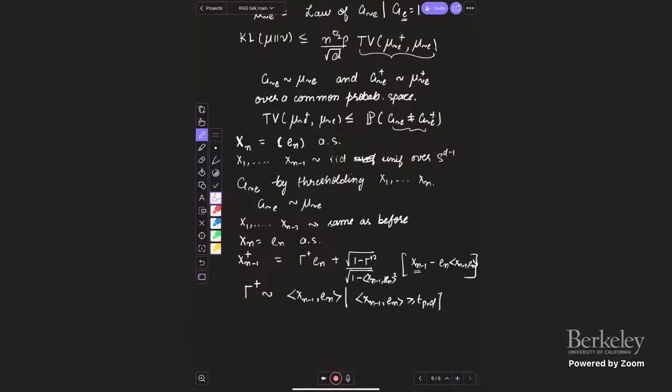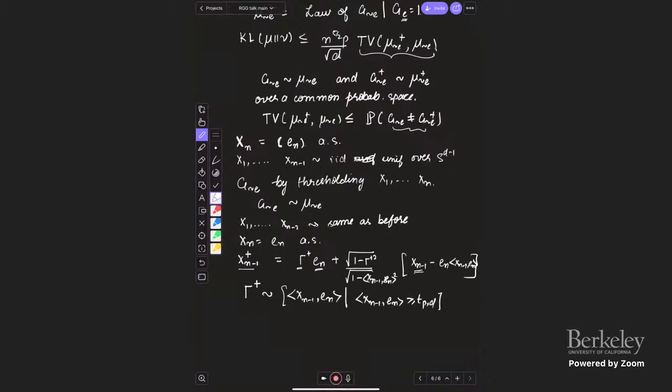That is, we force the edge between n minus 1 and n to exist in the graph. Then we go back and reverse engineer the point x_{n-1}^+ so that it has gamma plus in the direction of e_n, making the edge exist, and we rescale the perpendicular component so that it is in the same direction as x_{n-1}. So this is sort of a maximal coupling.